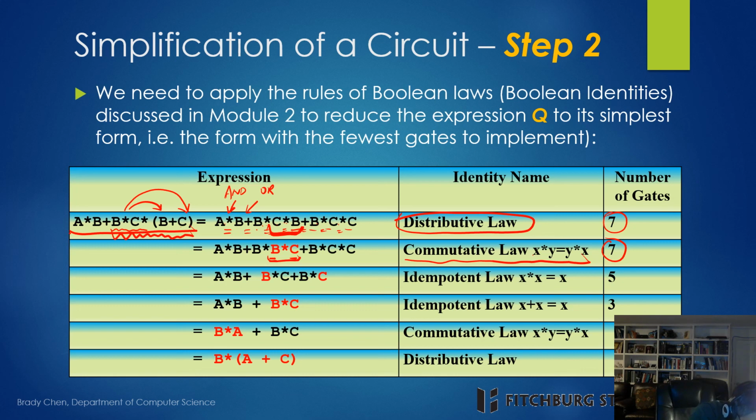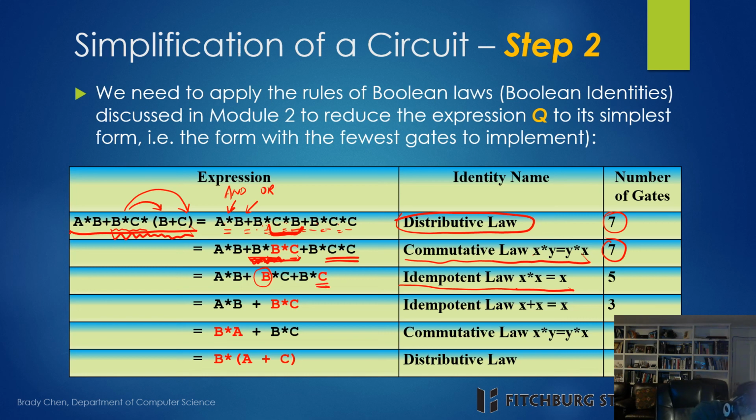And then the next one, you have a B times B. So we can take a look at this B times B. We find out, well, we can simplify this part because B times B is the same as B. So that's the idempotent law, which says X times X equals X. So now we can reduce the number of B. And in the meantime, because we have a C times C here, we can use the idempotent law as well for the C. So we can reduce the number of C.